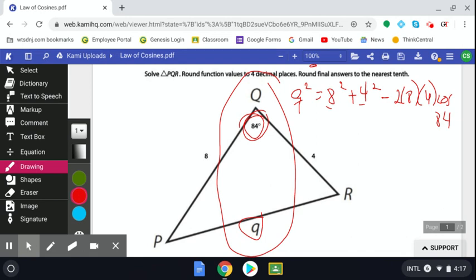At that point, it's just a matter of putting everything on the calculator and then taking the square root. So if you wanted to show some work, I would get q squared is equal to 64 plus 16 minus 64 cosine 84.